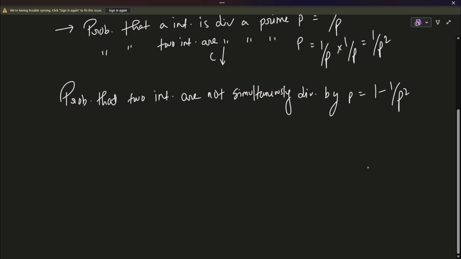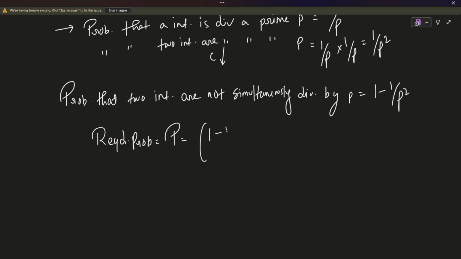So for any prime p, the probability that it does not divide both chosen numbers simultaneously is 1 minus 1 by p square. So your required probability, let's call it capital P, is nothing but 1 minus 1 by p square, multiplied over all primes.